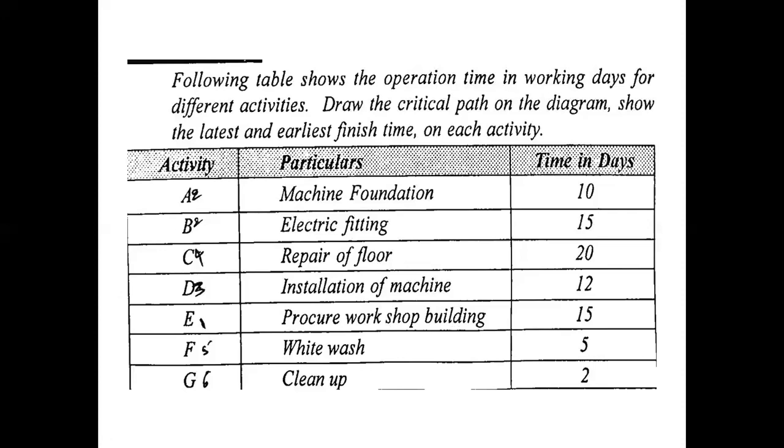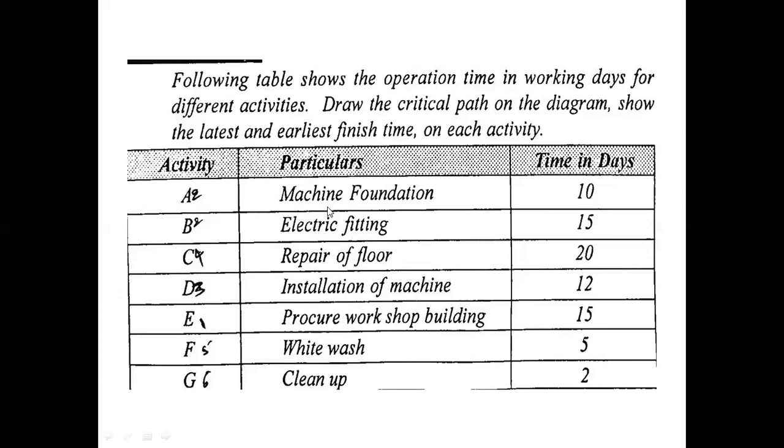So after procuring this workshop building, then what you have to do? Immediately after buying a new house, generally we go for electric fitting as well as machine foundation. Why? Because this machine installation is very hard and the machines are also very heavy.